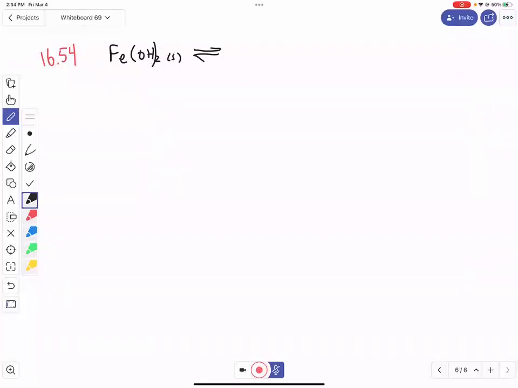So question 54 from the homework, we've got iron(II) hydroxide. It's a solid, it ionizes to give us Fe2+, and it's going to give us 2 hydroxides. So the Ksp expression for that is going to be our concentration of iron times our concentration of hydroxide squared.